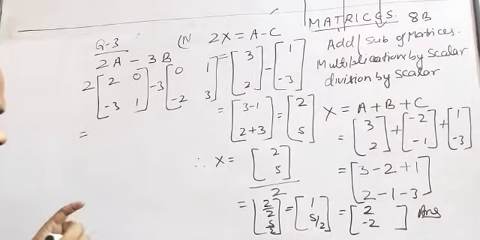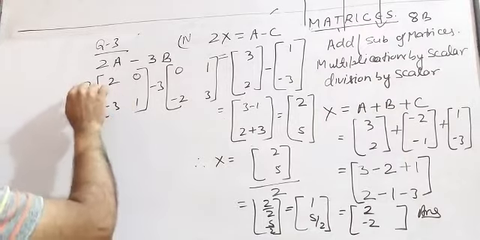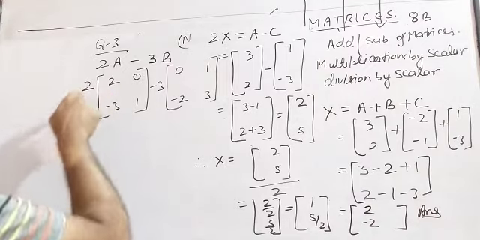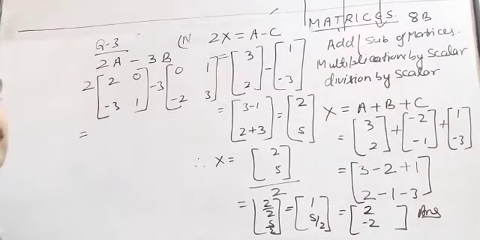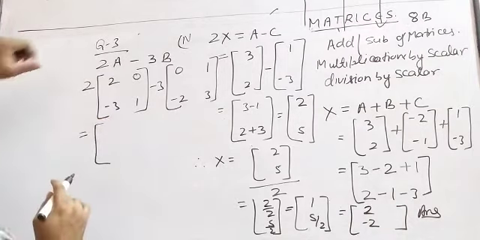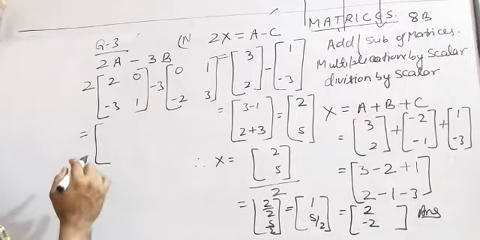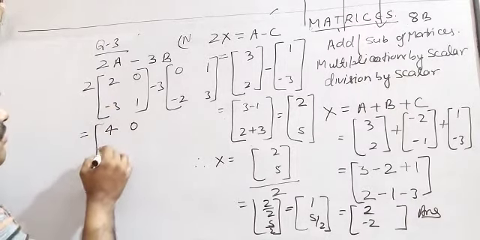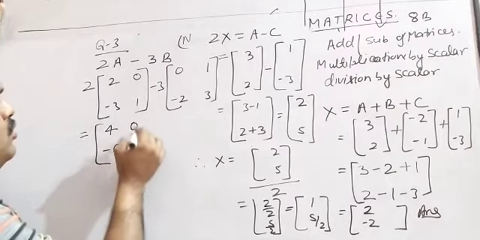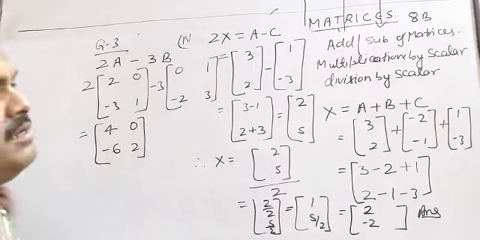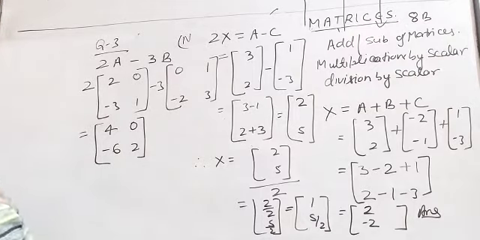As I told you, when a matrix is multiplied by a scalar, to get the result, every element of the matrix should be multiplied by that scalar. So the result will be a matrix whose elements will be 4, 0, minus 6, 2. Then here we make a mistake.